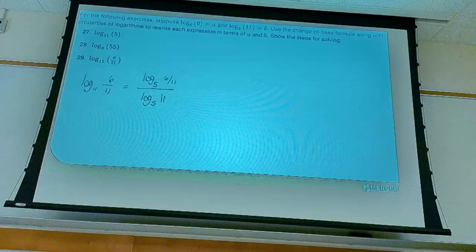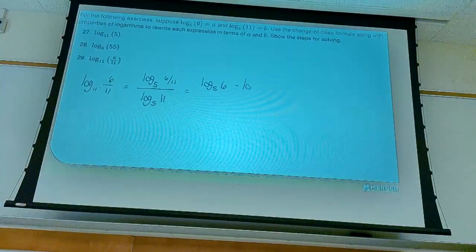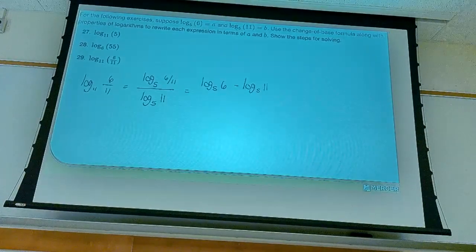Log of 6/11ths over log of 11. But they didn't tell us log of 6/11ths, right? But that's a quotient. So we'd be able to write this, right? Log of 6 minus log of 11.